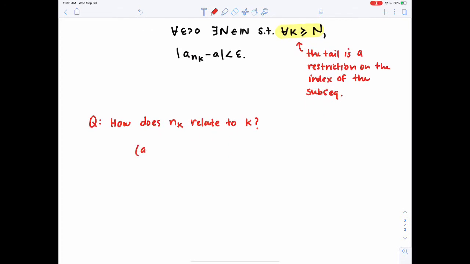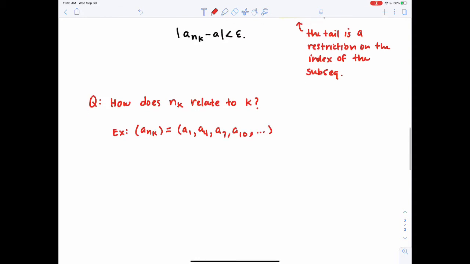Remember when we said a_{n_k} was a_1, a_4, a_7, a_10. And we wrote out what these subscripts went with. So n_1 was 1, n_2 was 4, n_3 was 7, and n_4 was 10.